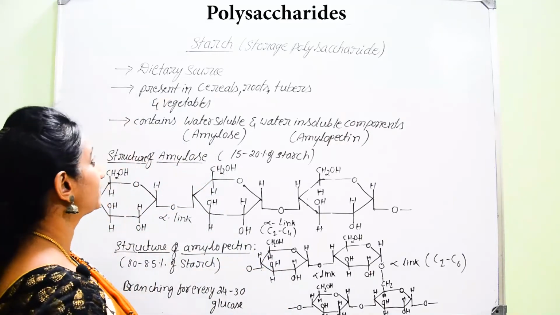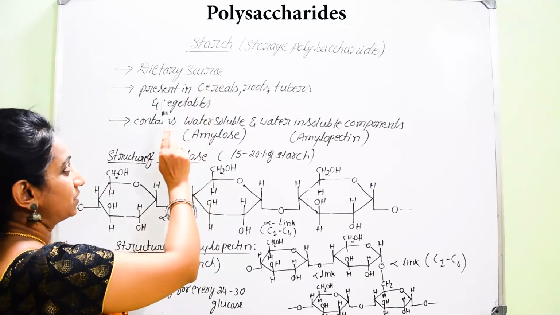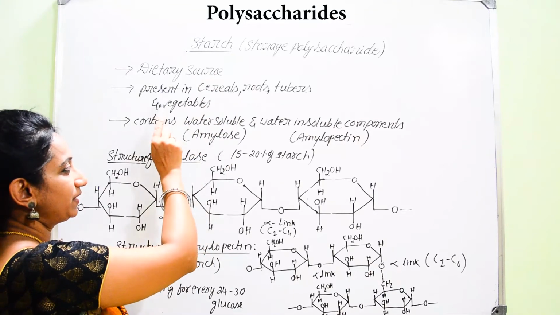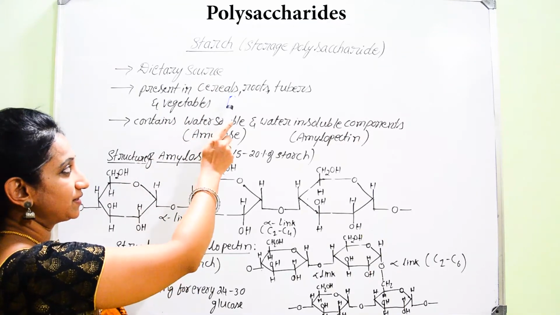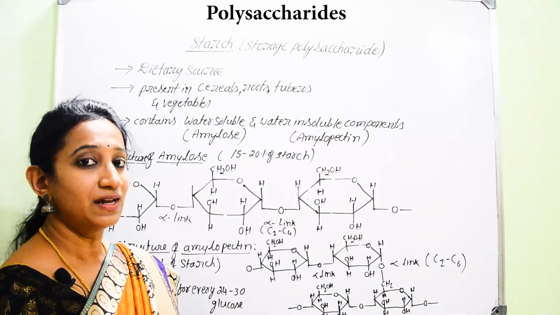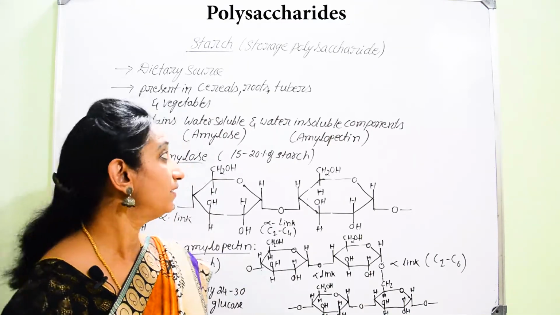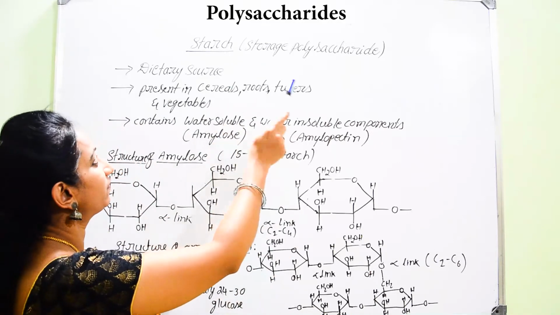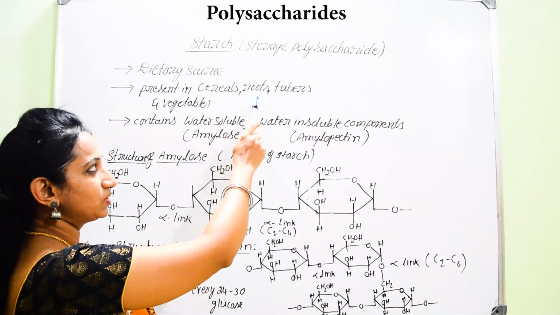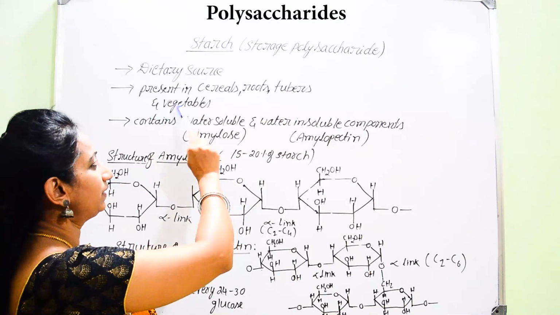Now starch is very abundant, or very rich, in cereals like wheat, maize and many millets like finger millet, that is ragi, and we can even find starch rich in roots as well as tubers and vegetables.